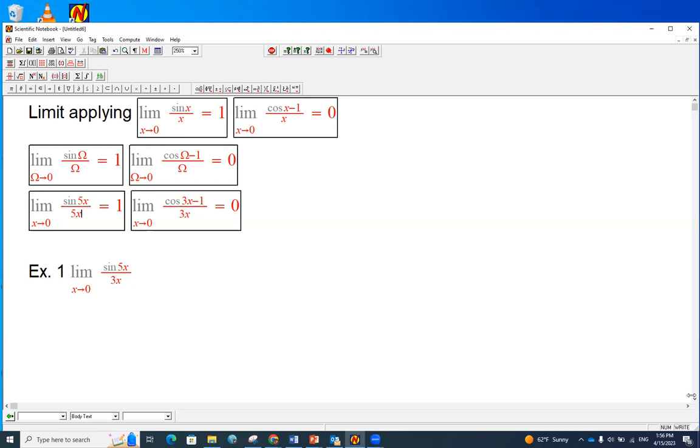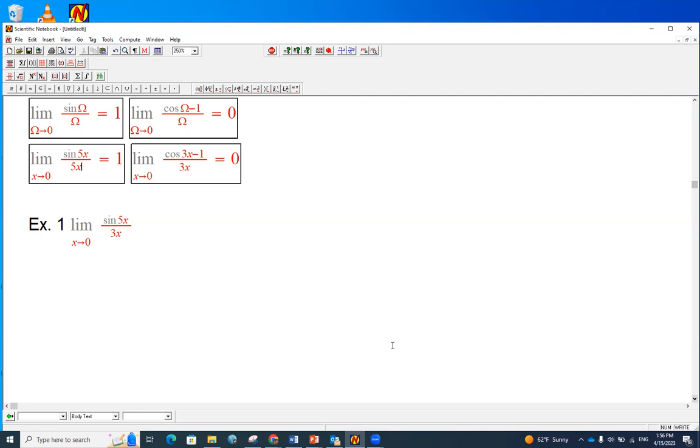So now we're going to demonstrate this by example. Obviously we cannot apply it directly, because we don't have 5x in the denominator. Well, if we don't have it, maybe we can make it by some algebraic manipulation. So we need a 5x. But how do we get a 5x?